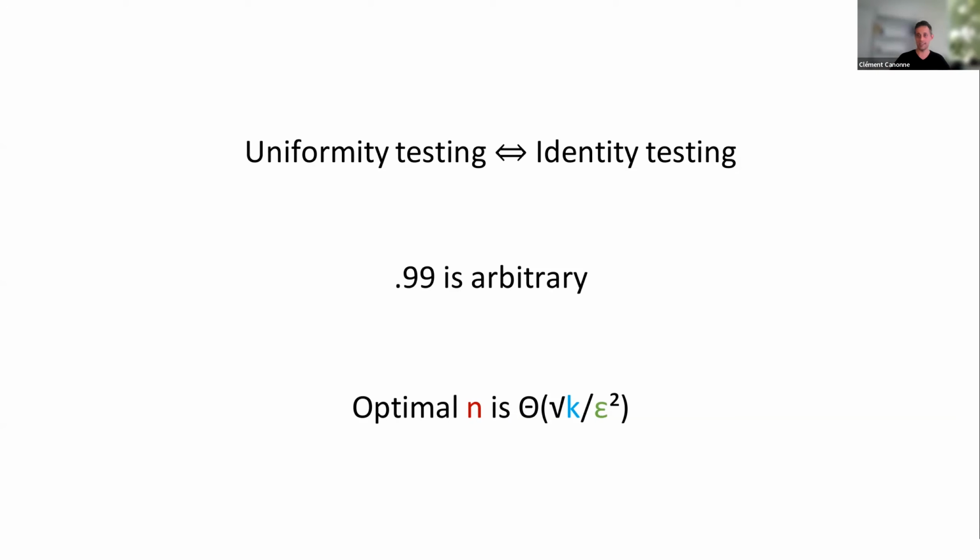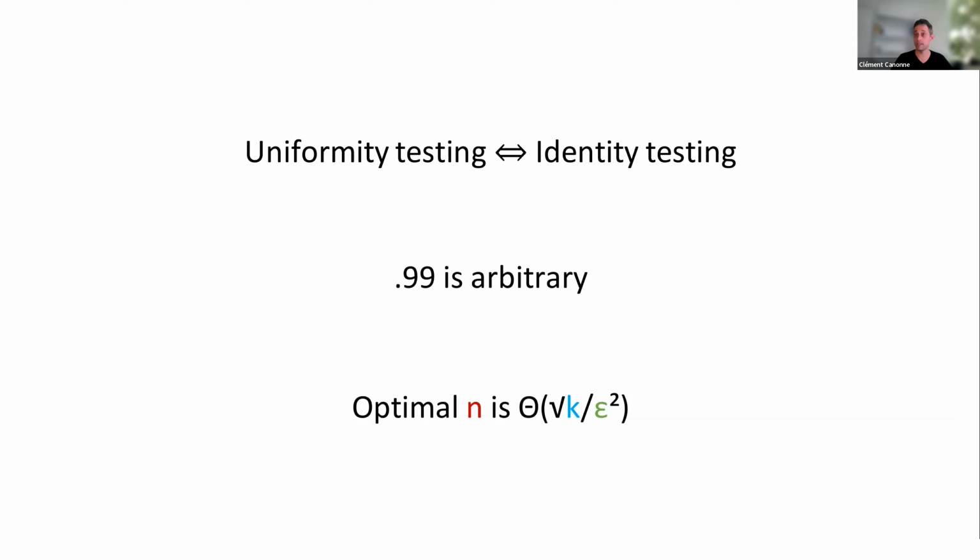It's actually equivalent. If I can do uniformity testing, I can do the other one using the algorithm as a black box. And of course, if I can do the more general question, I can specialize it to the uniform distribution as well. So in some strong sense, they're equivalent.